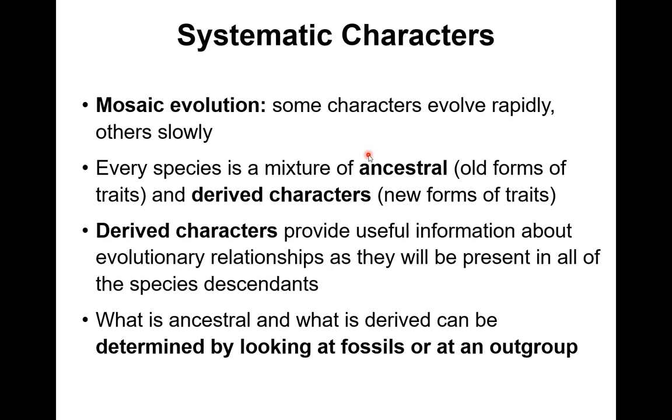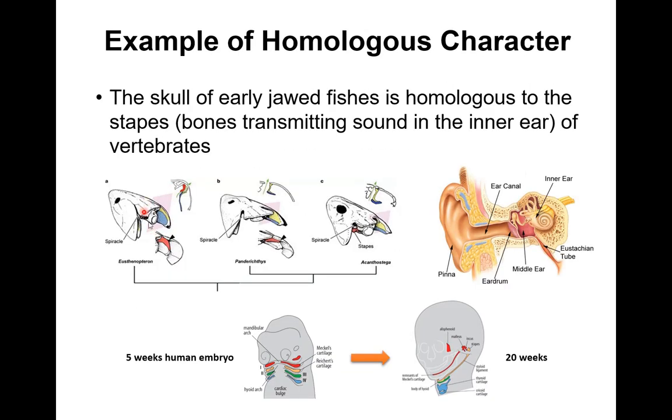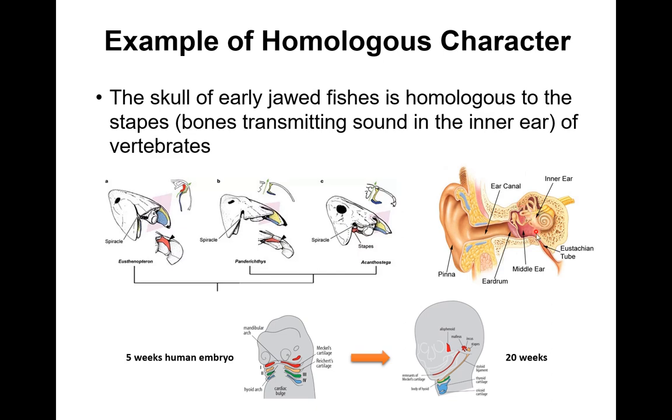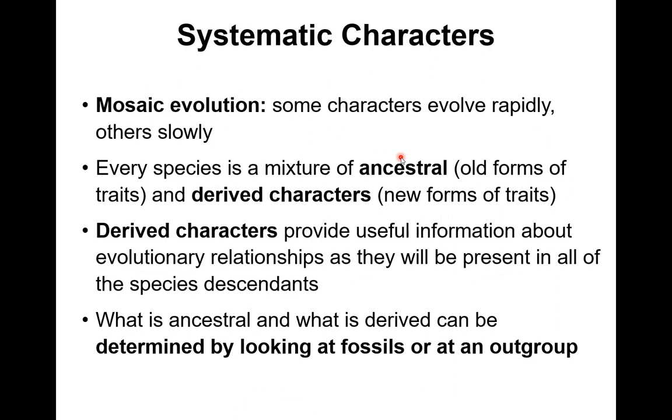Now, the original character, for example, in this case here, when we're talking about these jaw bones, this will be the ancestral character, now has become the derived character, which will be this one here, the bone in the ear, in mammals, for example. So the same character can be defined as ancestral, how it was before evolution took place that created the derived character. Okay.